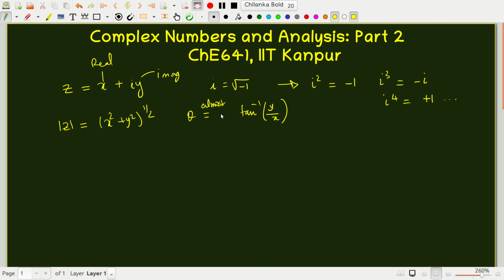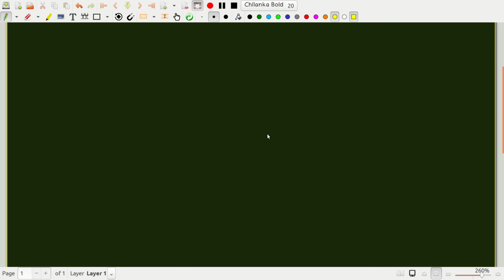The reason why I say almost is because you have to look at the quadrant in which this number is actually present. Also, because you can always add 2n pi to theta, where n is 0, 1, 2 and so on, you still go back to the same point in the complex plane.